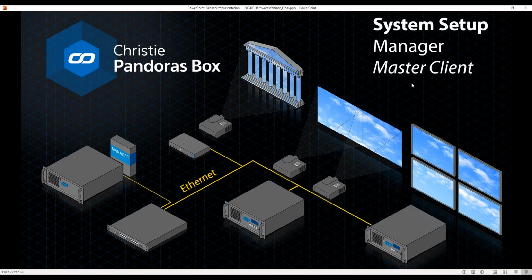And here we see it. Whoever has been to our Pandoras Box 1 or 2 trainings knows this slide. This is the typical Pandoras Box master and client setup. You have a manager, and every device is connected through a network. So the manager goes to a network. You have this little compact player over here, which is a client.